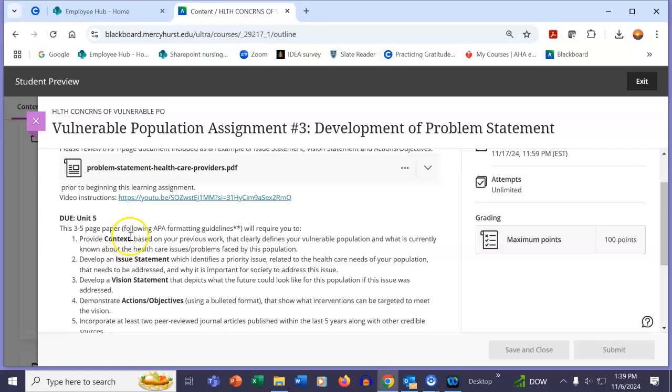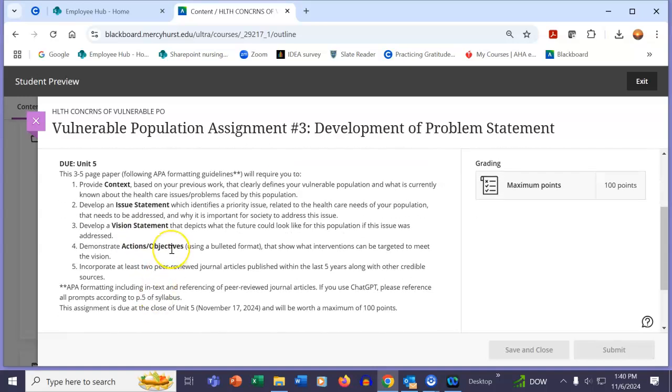It's at most 3 to 5 pages, and you're going to provide context based on your previous work, the first 2 assignments, and clearly define your population, what is known about the issues faced by them, and develop an issue statement. You'll see that in this example. And a vision statement and actions or objectives.